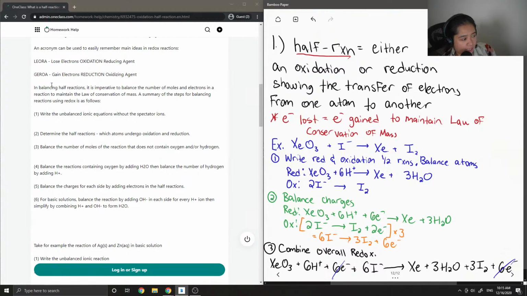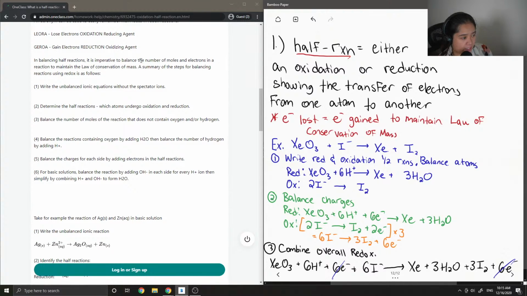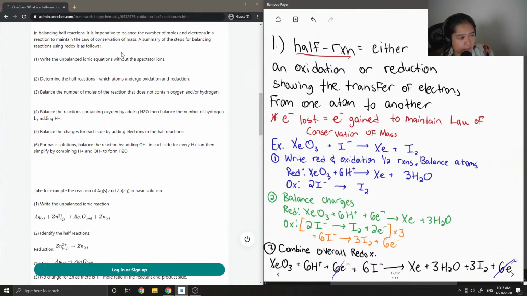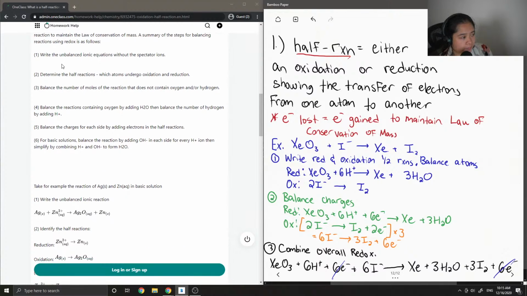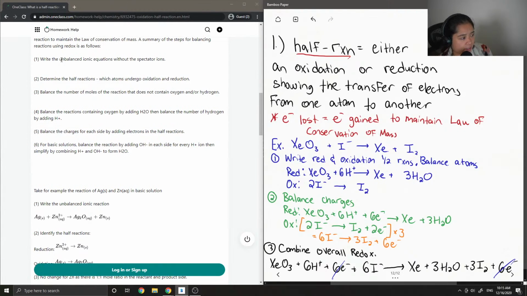In balancing half reactions, it is imperative to balance the number of moles and electrons in a reaction to maintain the law of conservation of mass. A summary of steps for balancing reactions using redox is as follows. Step 1. Write the unbalanced ionic equations without the spectator ions. 2.